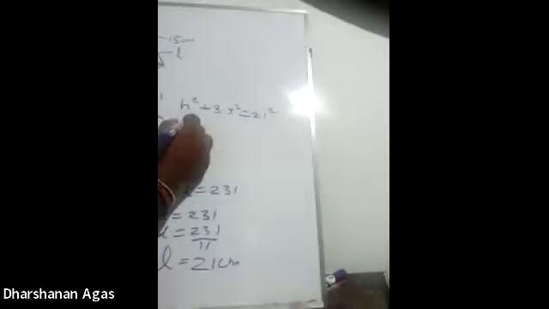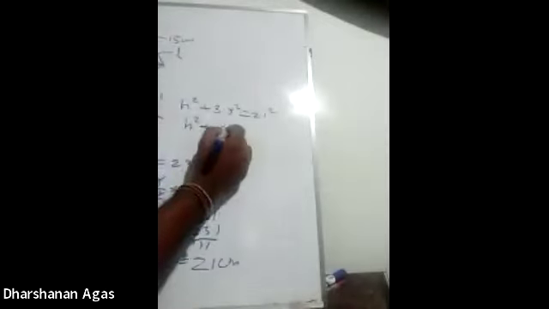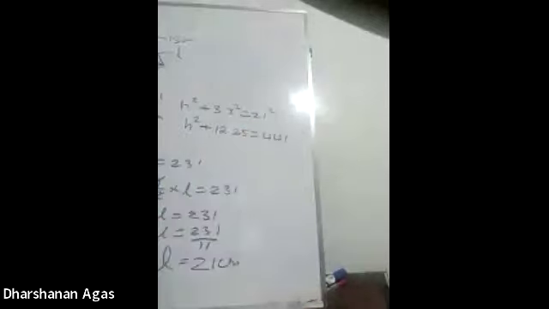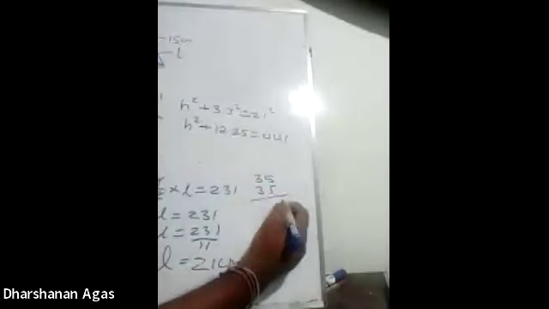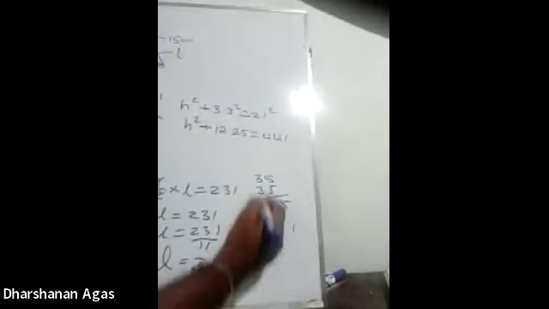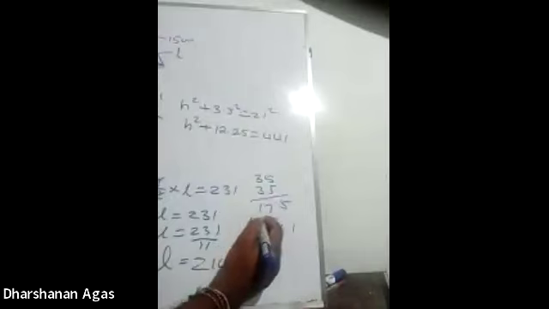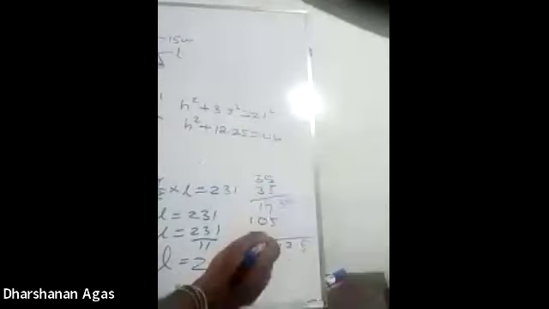Now h square plus 3.5 square, which is 12.25, equals 441. Multiply 3.5 into 3.5 and see: 25 by 5, 2 balance, 15, 17, 15 balance 1, 3 into 3, 9, 10, 12.25.